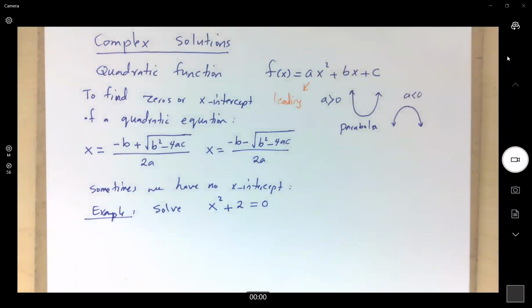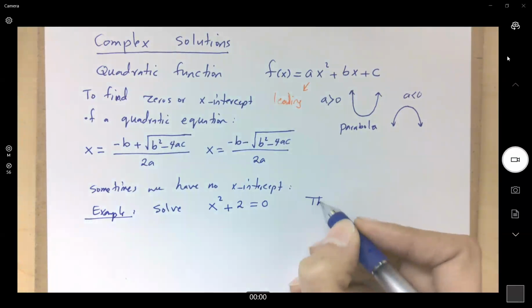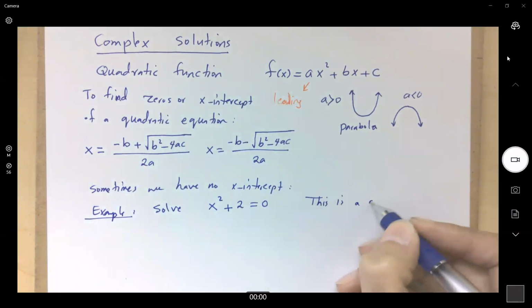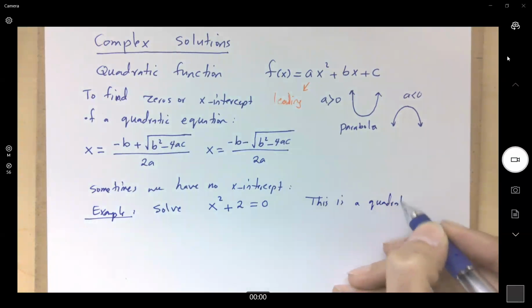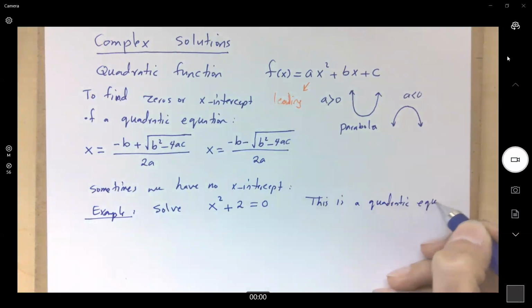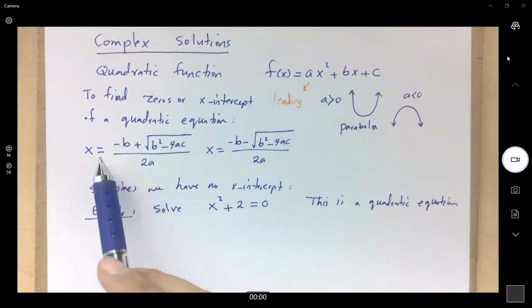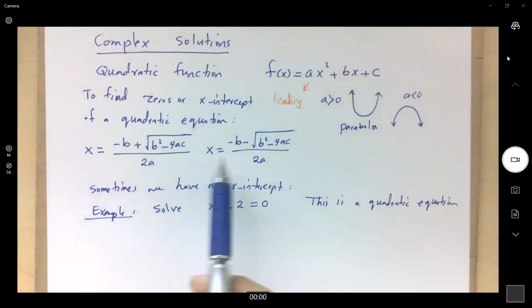We say that, well, I have a quadratic equation. I have x squared plus something equal to 0. But how do I solve that? We can say that I have a nice formula for quadratic equations.